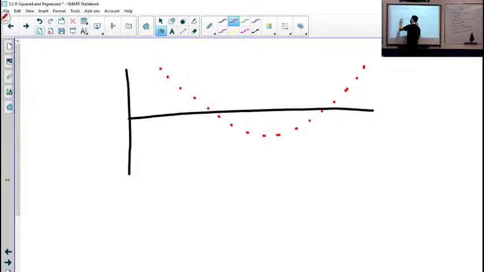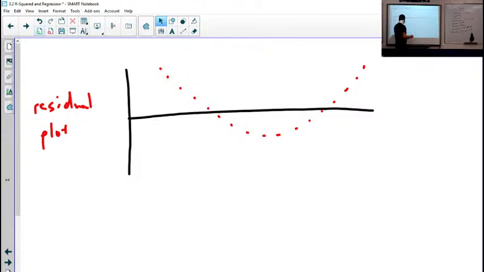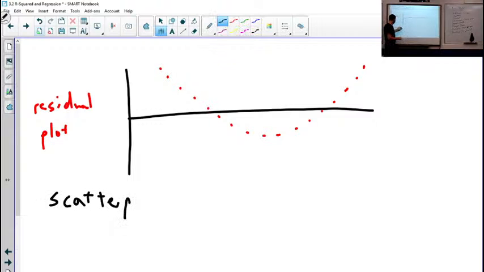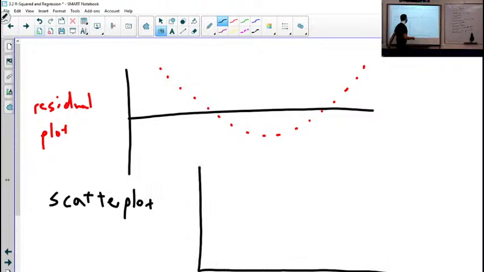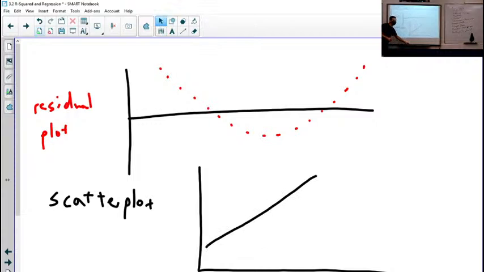This is the residual plot. That's going to mean the scatter plot: if this is my line, then the residuals start positive, trend down to be negative, and then go back to being positive.